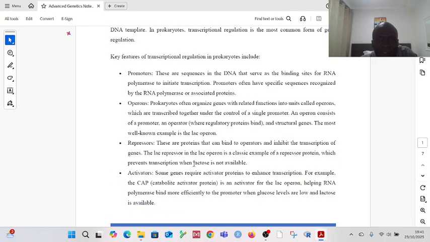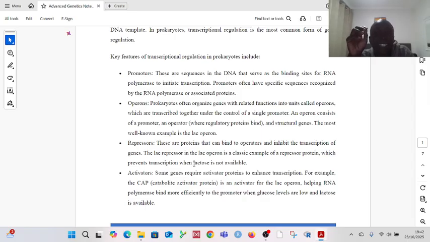So among the key features within the transcription regulation in prokaryotes, they include several things. One, we have a feature that we call a promoter. Remember, we are trying to regulate transcription, which means we are using DNA to create RNA.